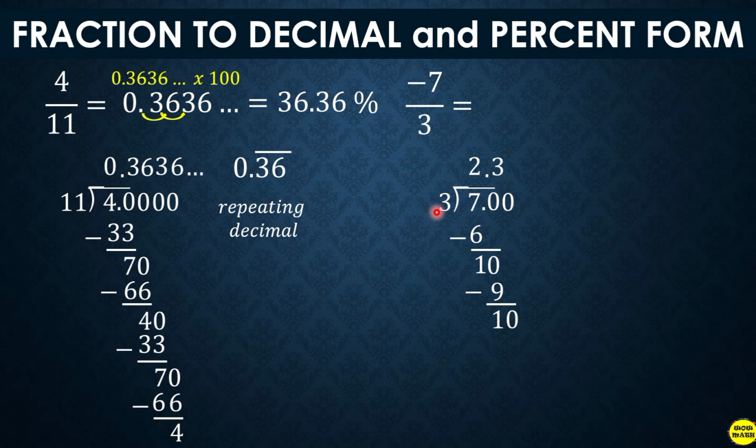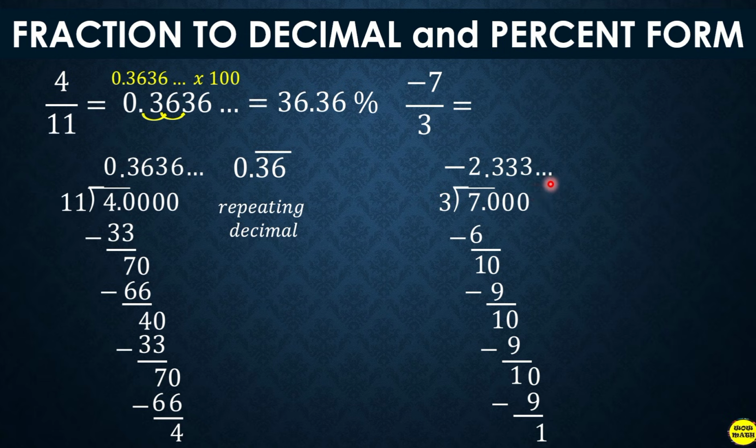So, 10 divided by 3, that is 3. 3 times 3, that is 9. Subtract, that is 1. Borrow 0, bring down 0. 10 divided by 3, that is 3. And then 3 times 3, that is 9. So, what have you noticed? It keeps on repeating. So, this is also an example of repeating decimal.